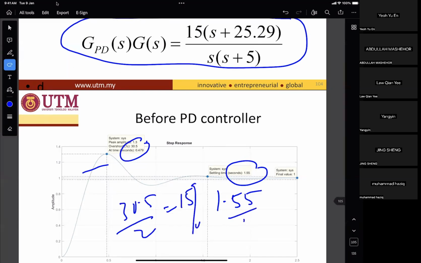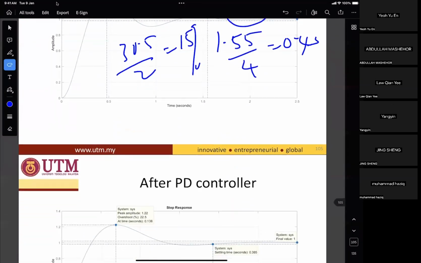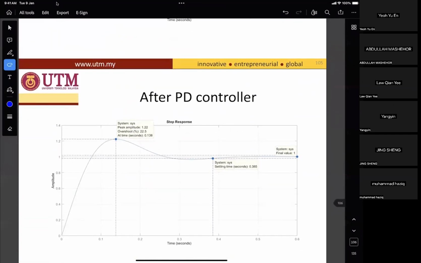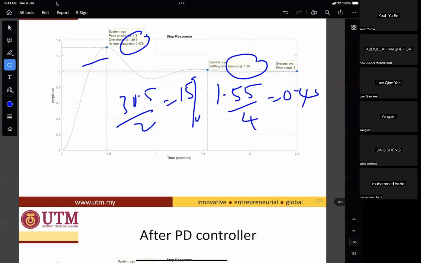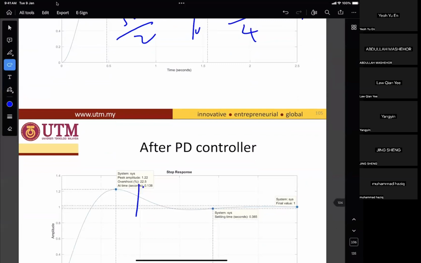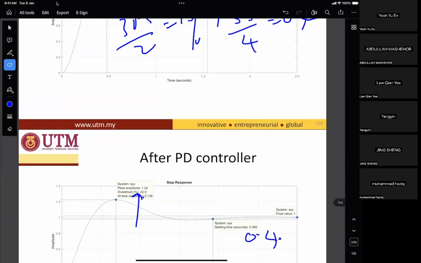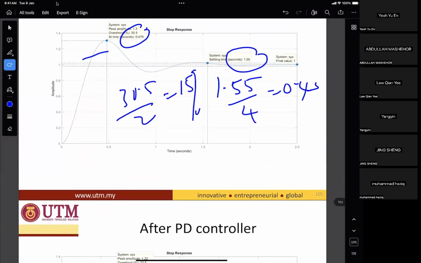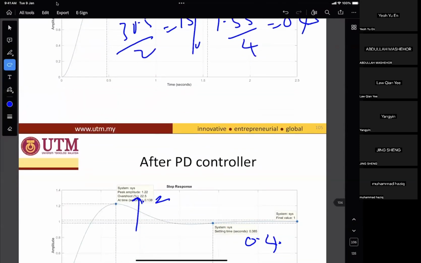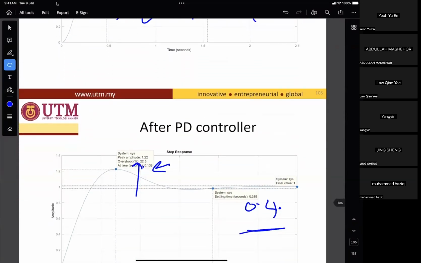This one divided by 4 is about 0.4 seconds. Then after the PD controller, you can see that it is 22.5. Reduced a little bit. Okay. And then this one is 0.384. It's about 0.4. Okay. But this one can be further down. But the important thing is it passes, 0.4 seconds.